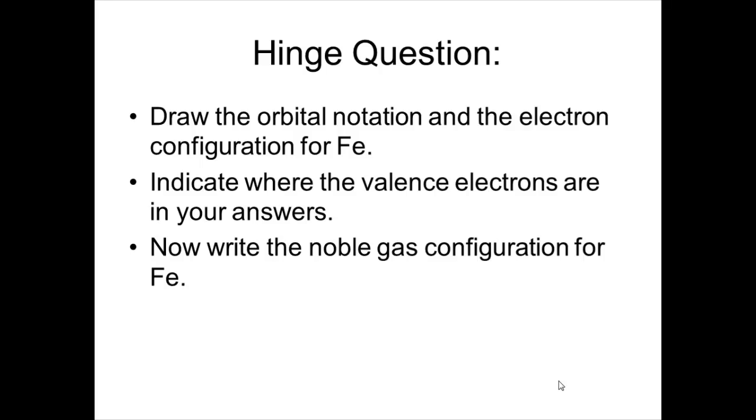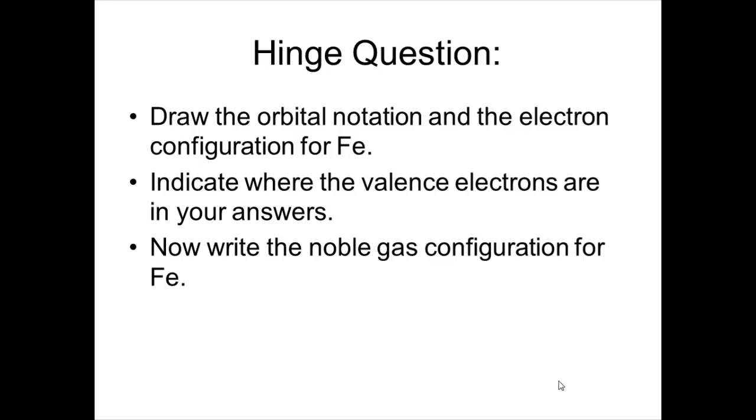Okay, let's stop for a minute and let you practice. I want you to work with the people at your table. See if you can do these 3 items. Draw the orbital notation, which is with the squares or the dashes and the check marks for electrons. The electron configuration for iron.